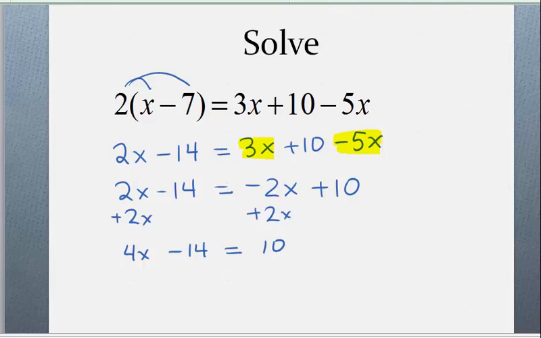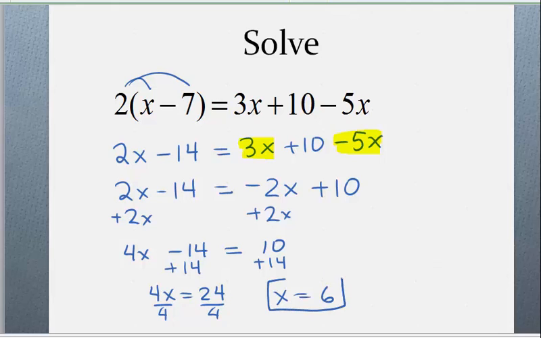Next step is going to be to eliminate this minus 14, so I'm going to put a plus 14 there. That gives me 4x equals 24. And then if I divide by 4, I get x equals 6. So that's the solution to the first example.